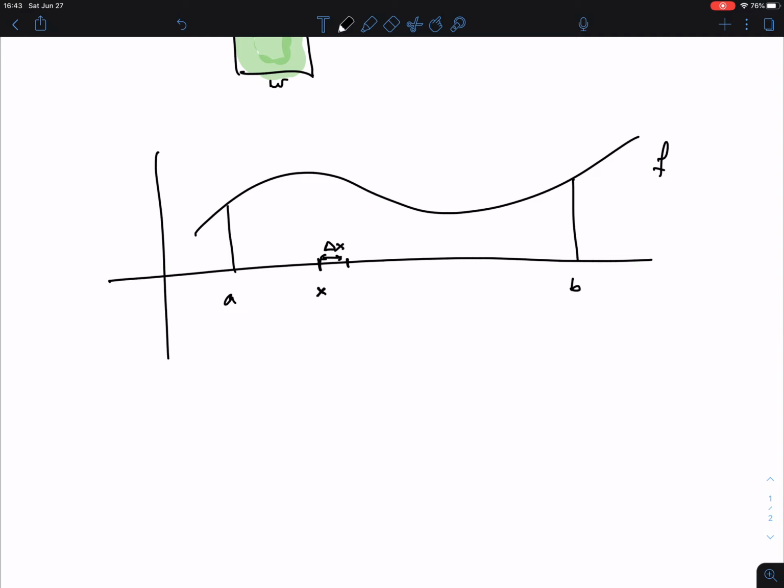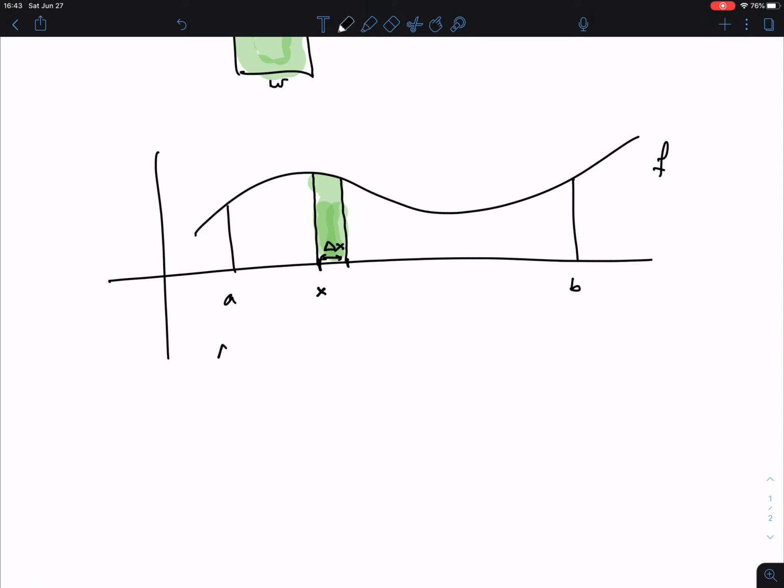Now on that interval, I'm going to build a strip, a rectangle. At x, I go as high as the curve is, and I stop there. Now I would like to look at the area of this strip. So if this green part is the area of the strip, then we can write down the formula.